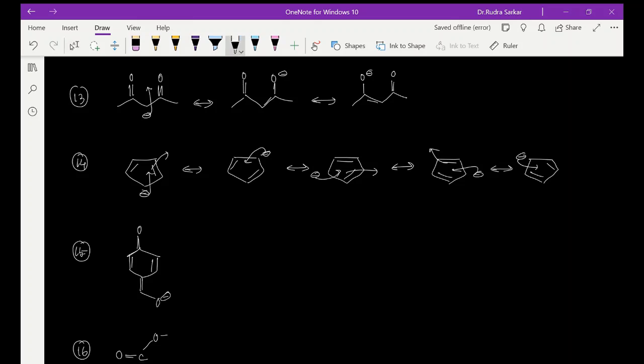Out here, again the negative charge moves towards the pi bond. So we have this over here. Then this can go in here, and that will open up there. This can go in here.